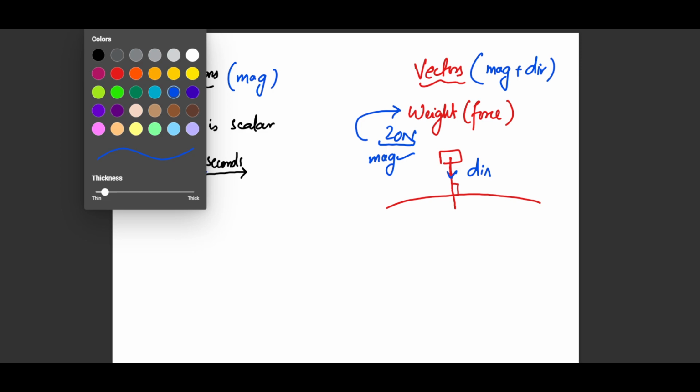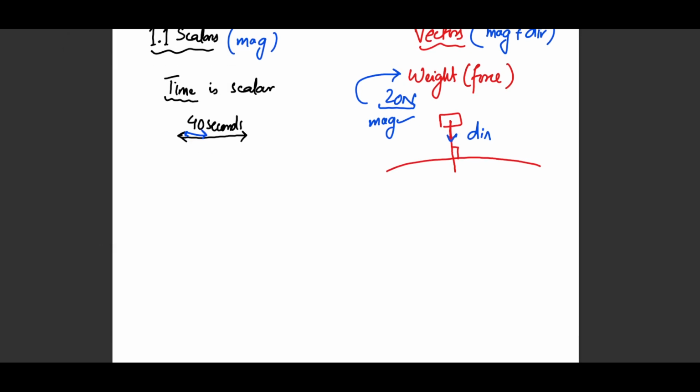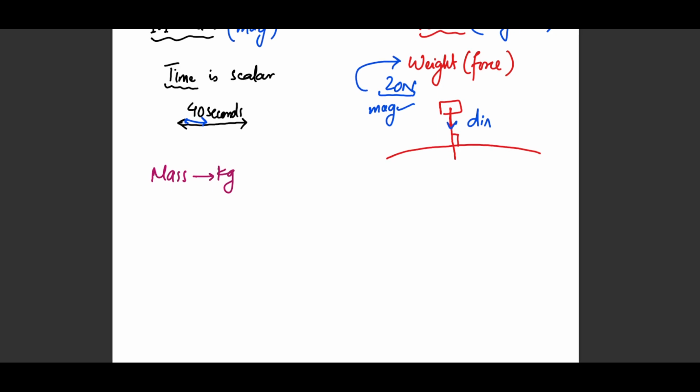Similarly, just to discuss one more example, let's talk about mass. Mass is represented in kgs. So when we have an object of 3 kgs, we don't add the information that it is 3 kg downwards, upwards, left, or right. The information of direction is not required for its complete understanding.